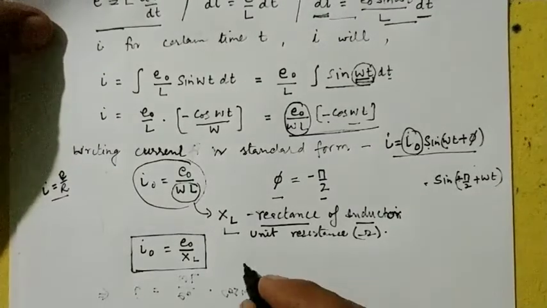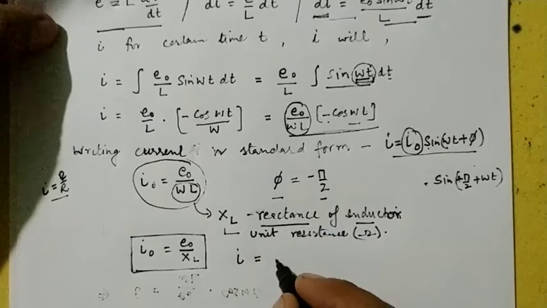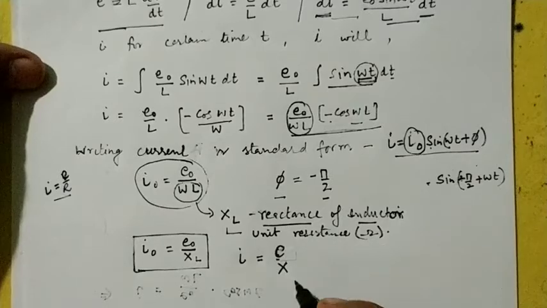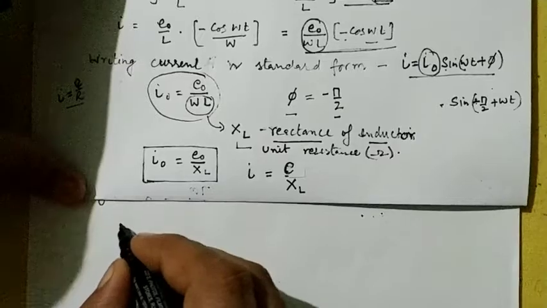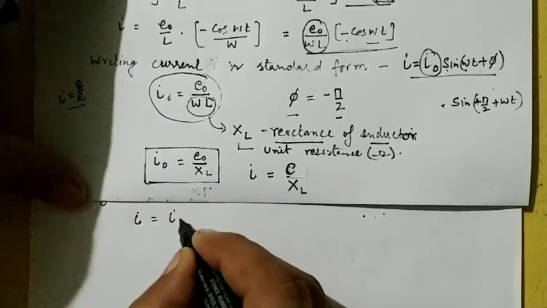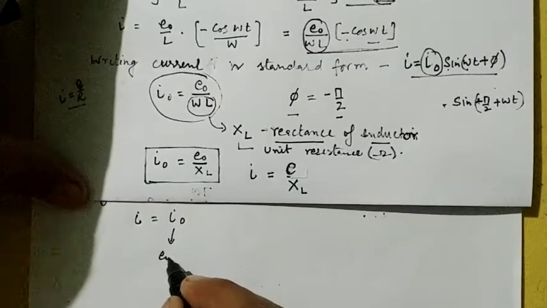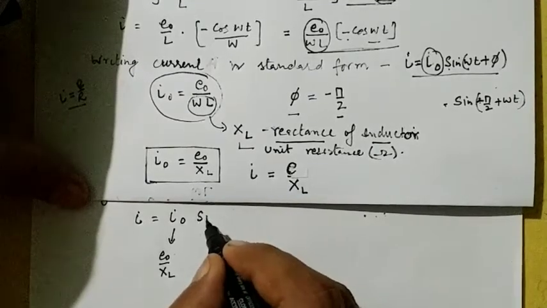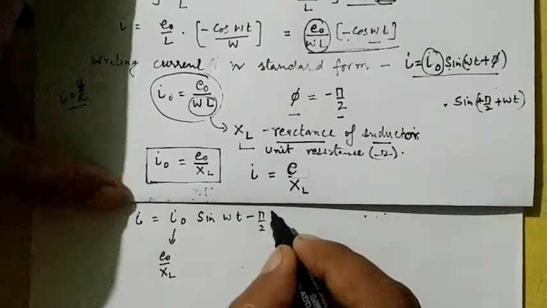Even if you want to calculate the instantaneous value of current, we can calculate it as the voltage at that point divided by the reactance of the inductor. The standard current equation becomes I is equal to I naught, that is E naught by XL, into sine of omega t minus pi by 2.